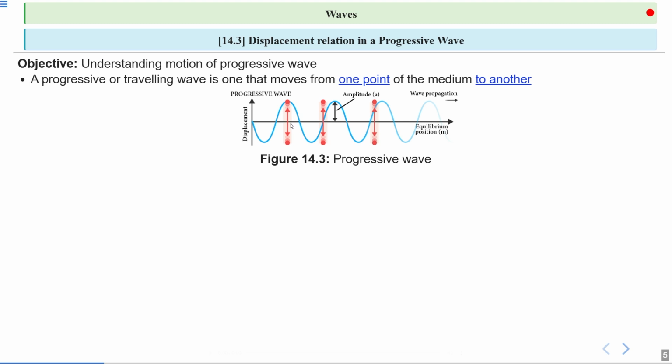The wave shape shifts position over time. This movement is what makes it progressive. Emphasize that the wave itself travels, not the medium as a whole. Where on the y-axis is displacement, on the horizontal axis equilibrium position.